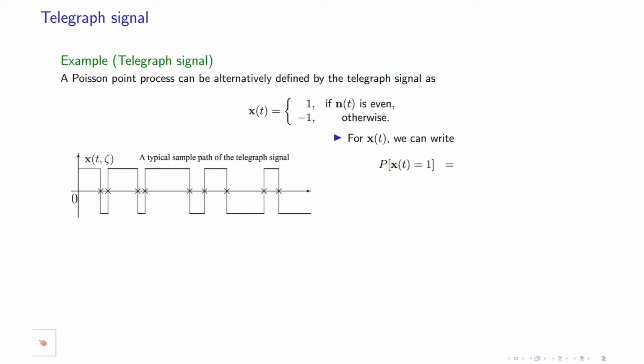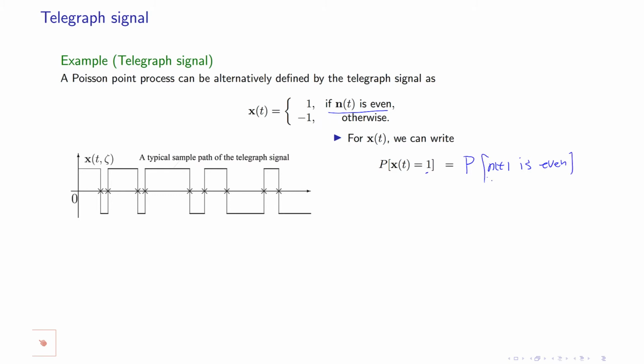Now, we can calculate the probability of x of t being equal to 1. Obviously, x of t is 1 if n of t is even. So this is equal to the probability that n of t is even.